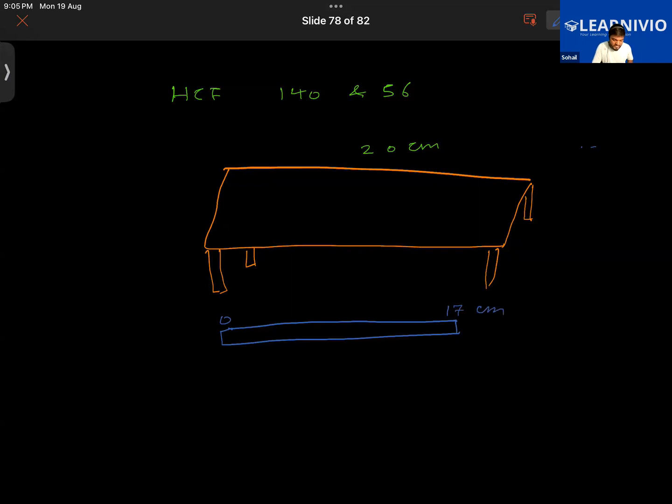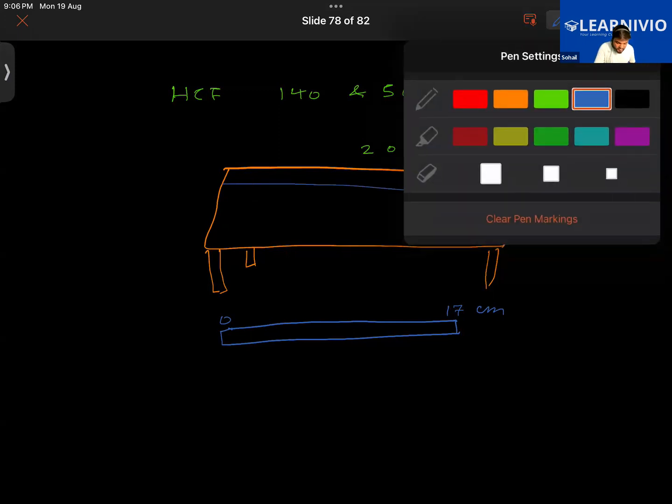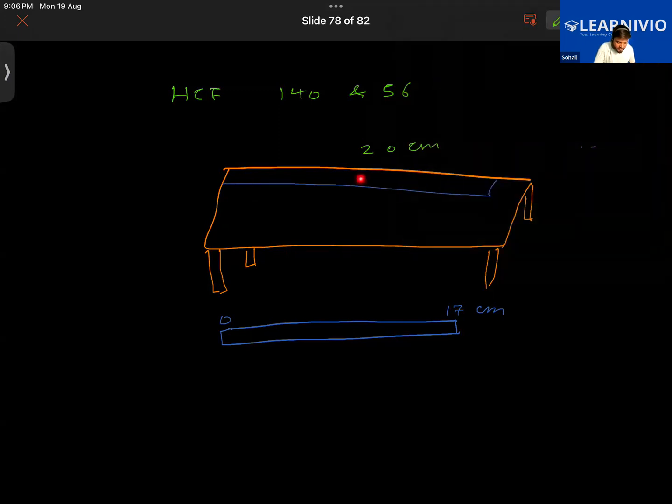So when you will be placing it above the edge, you have placed it here, right? So the whole length will not be utilized to measure this much. This much will be a length of 3 centimeter. You will not be able to measure this using this 17 centimeter scale. Getting it? Yes, Habib? Okay.